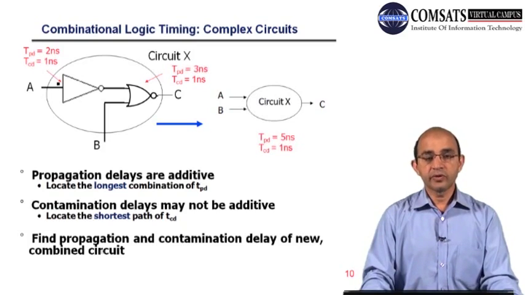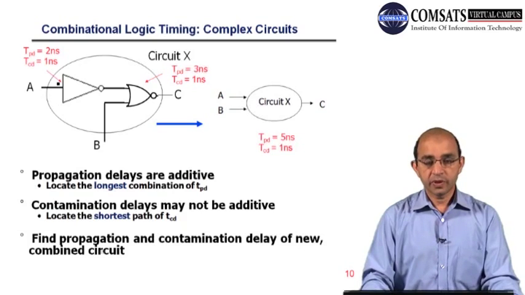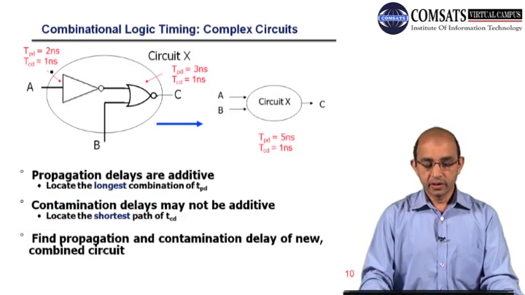Or in other words, we will be looking for the longest path when we talk about propagation delay. On the other side, in case of contamination delay, we will have 1 nanosecond. Why? Because here there is no addition, it is not additive. In other words, for contamination delay we look for the shortest path, and for propagation delay we look for the longest path.